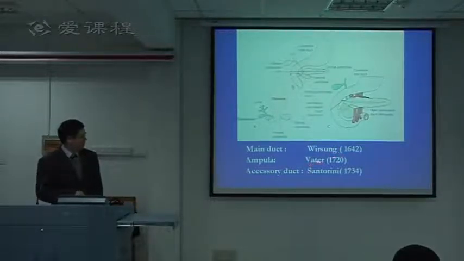And Vater, in 1720, found that the pancreatic duct and the common bile duct were connected as one, forming an ampulla. This is the ampulla, just a common pathway. So we also call this the ampulla of Vater.